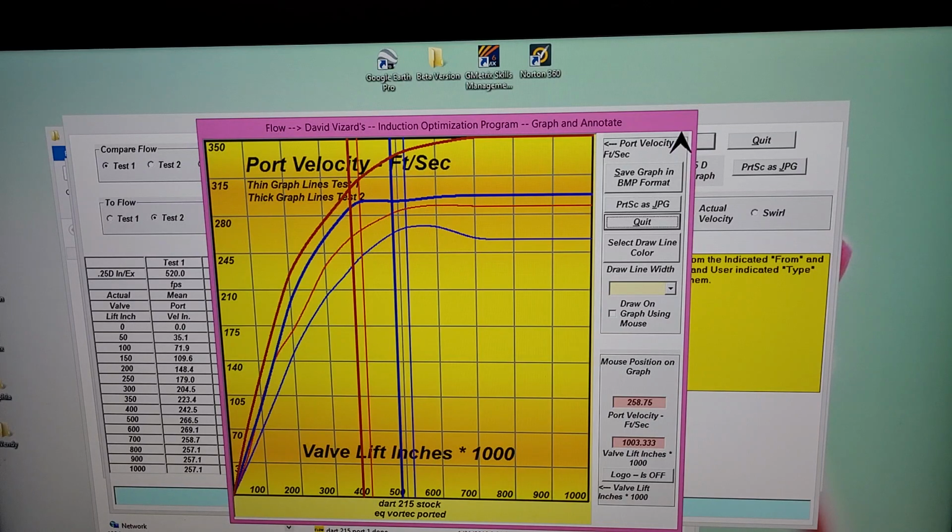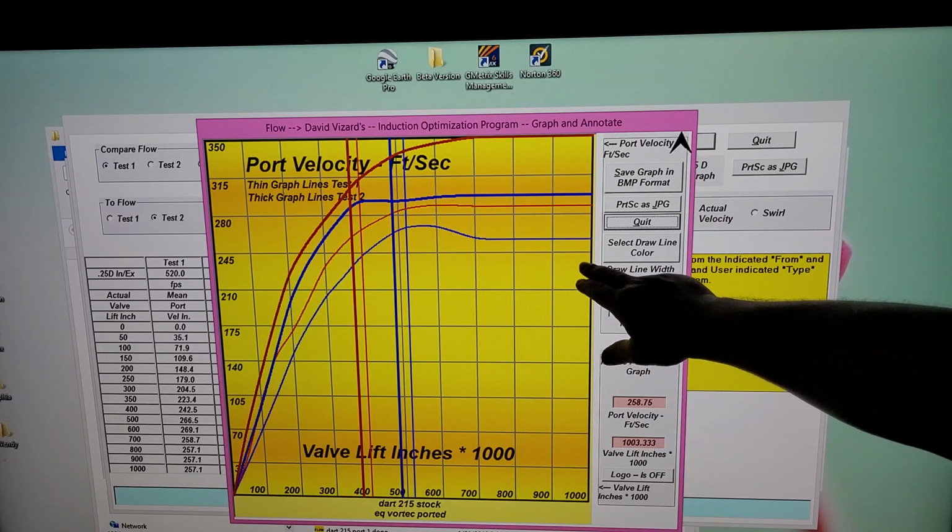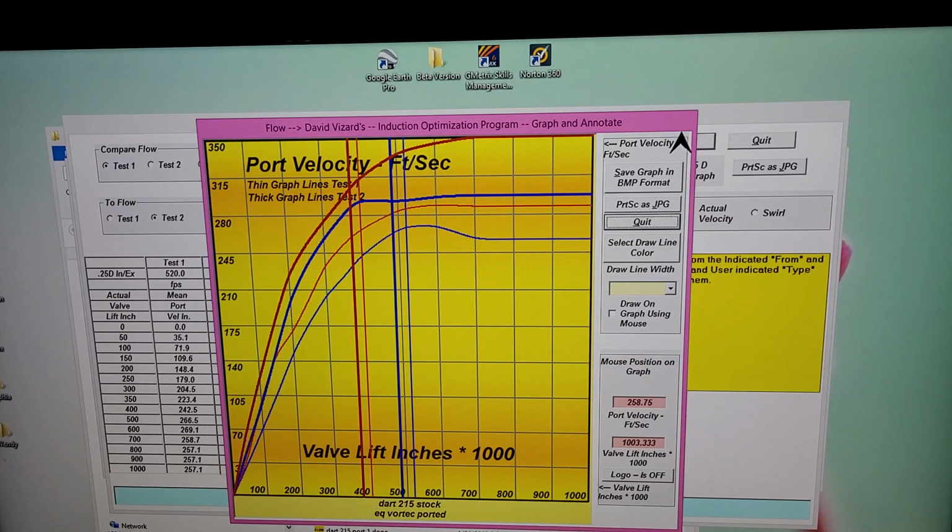Now take a look at the Dart velocity versus the EQ port velocity. Noticeably different, a big difference, the whole curve. And take a look at the exhaust port. The exhaust port for the 215 is pretty good.